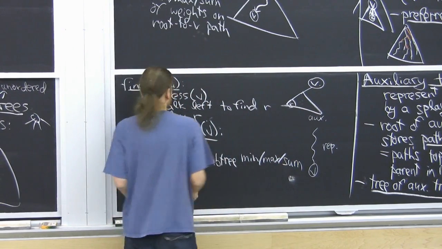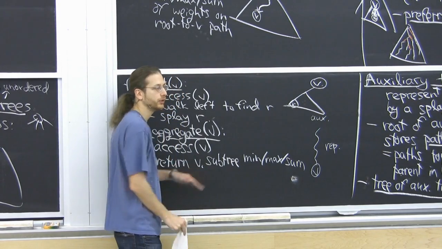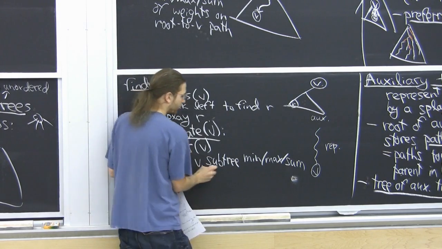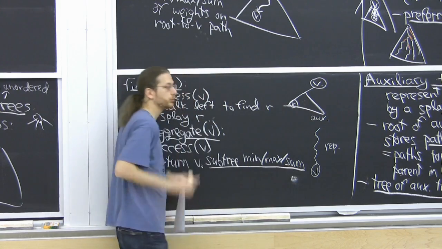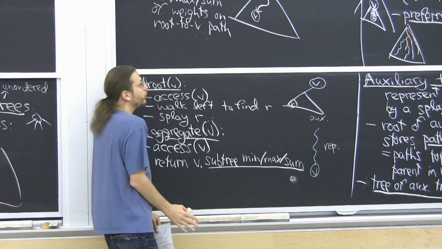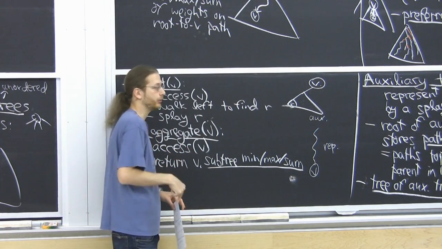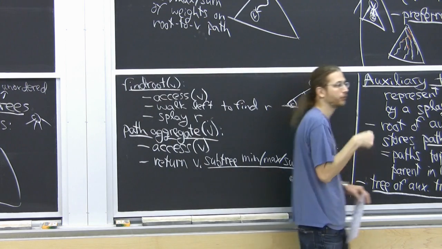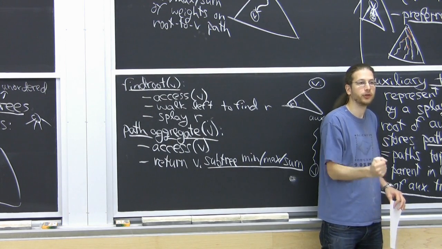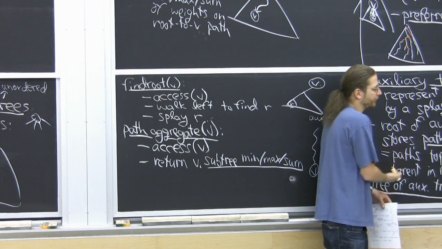You'll have to check even when we do link and cut that it's easy to maintain augmentation like this, but it is. And now the subtree aggregations are relative to your own aux tree. You don't go deeper. In fact, there's no way to go deeper, because if you look at the structure, there's no way to go down. We store these path parents, but we can't afford to store path children, because a node may have a zillion path children. So it's kind of awkward to store them.